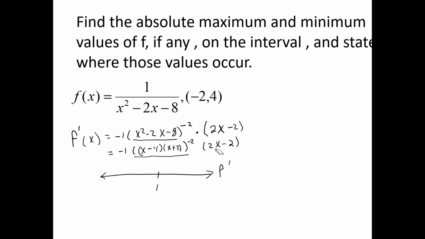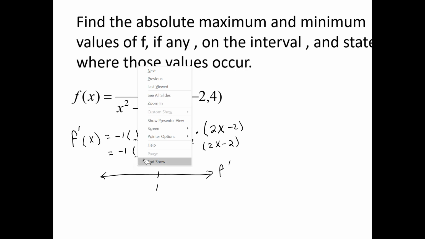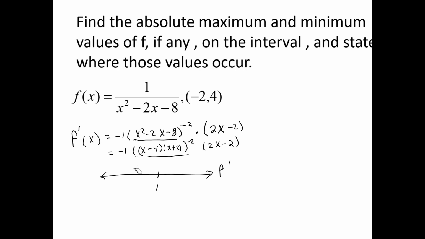So just to the left of 1, this will be negative, but times this will be positive, so we will get a positive. To the right of 1, this one will be positive, but then we multiply it times this negative 1 and we will be negative.